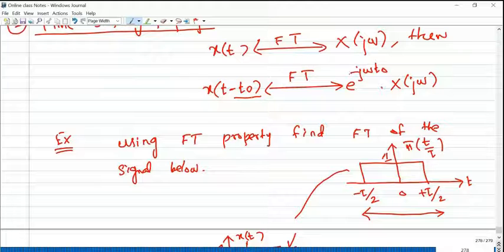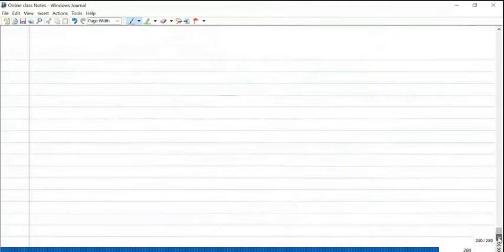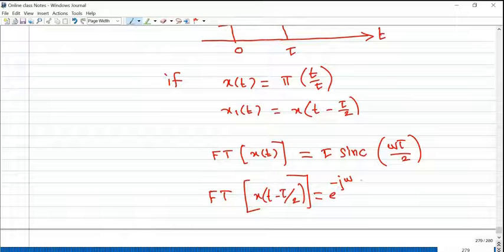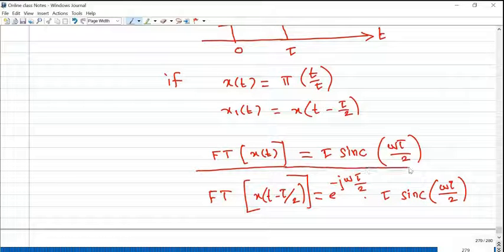If plus t naught, meaning here also you have to put plus. So e power minus j omega t naught, where t naught is tau by 2, into tau sinc of omega tau by 2. So this is the answer for the given signal.